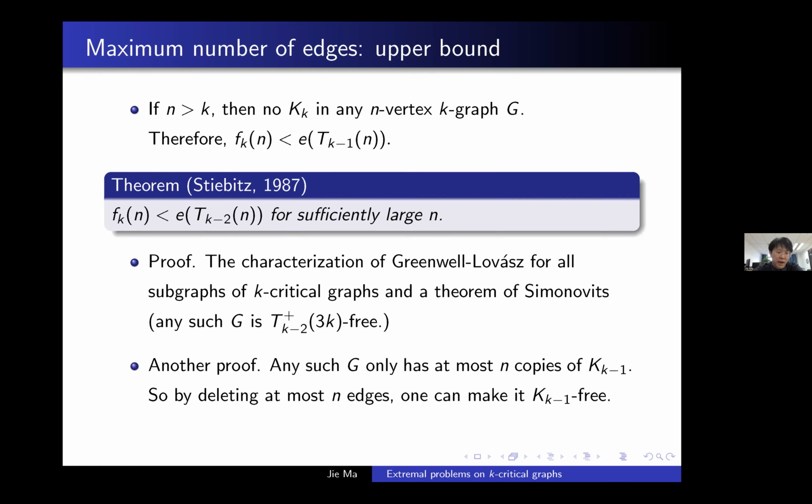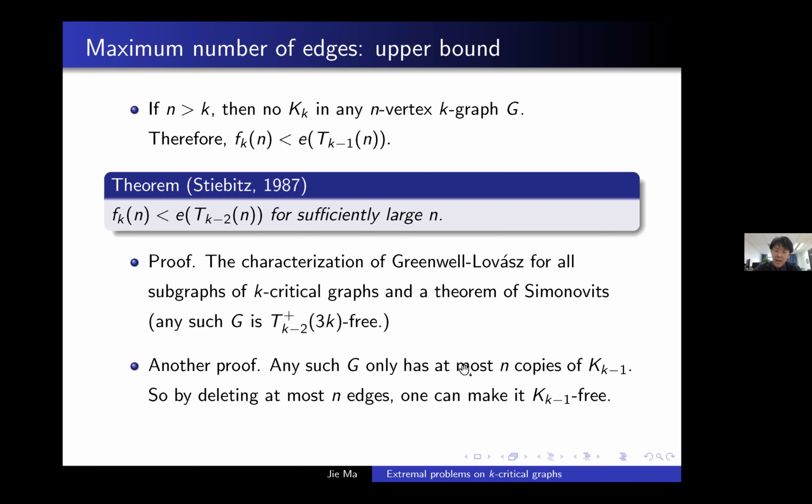There's another proof, which I think is much easier. The other proof relies on the information that any n-vertex k-critical graph G contains only linearly many K_{k-1} cliques, and this is a non-trivial result. I'm going to mention this later. This is proved using some linear algebra method.